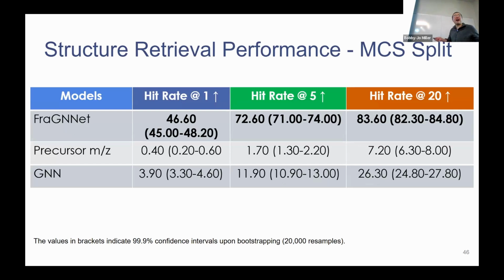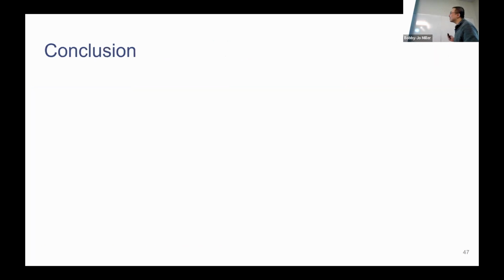That's how hard the testing set is. Just one thing I want to mention here: in this same test evaluation, we also tried a reverse mass spec to SMILES string transformer. That one had 0% top accuracy. So that's how hard this particular problem is.